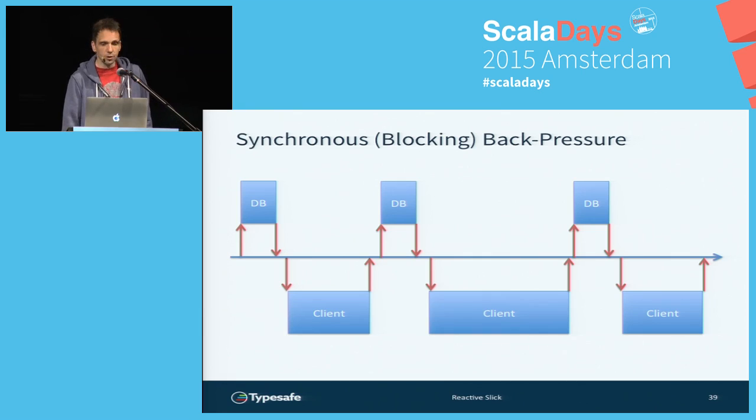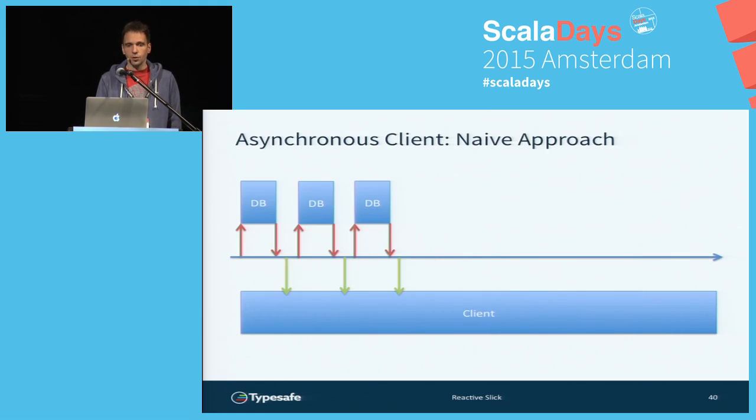Everything happens sequentially. Now, if we do a naive approach for asynchronous streaming, we get something like this. We have a blocking call to the database, it returns, we send it to the client. That's a fire and forget call. It's asynchronous. Then we immediately do the next blocking call, and so on. But we do not know if the client can actually accept data at that rate.